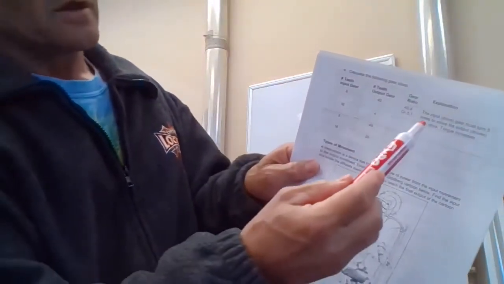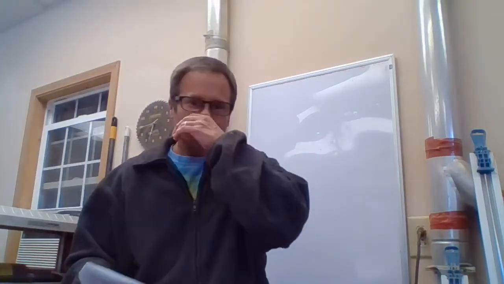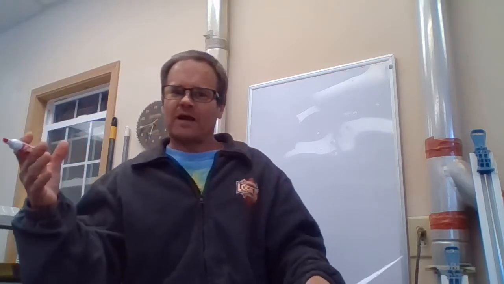Okay, so the first one, they give you all the answers to, but I'm going to show you an easier way to do it. If you look at that explanation right here, they give a pretty long explanation there. We don't need to make it that long. I'm going to show you how to simplify that. When we talk about gear ratios, that means how fast one gear spins in comparison to the other gear, we talk about size, we talk about how many times they spin.